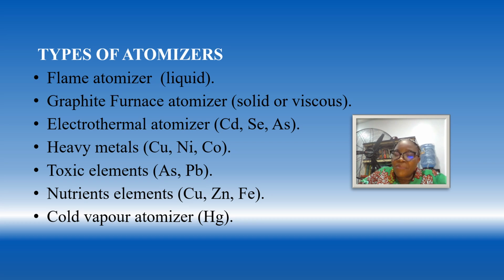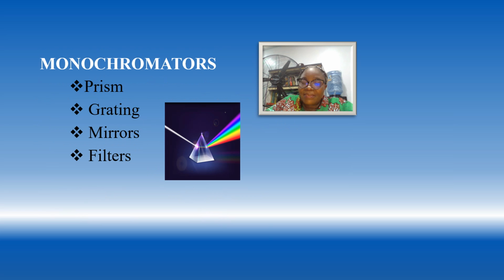And then we have the heavy metals, or we can also use it for them, copper, nickel, and cobalt. We can also use it for toxic elements like arsenic and lead, and for nutrients like copper, zinc, and iron. We have the cold vapor atomizer. This uses a chemical reaction to produce mercury vapor, and is specifically for mercury analysis.